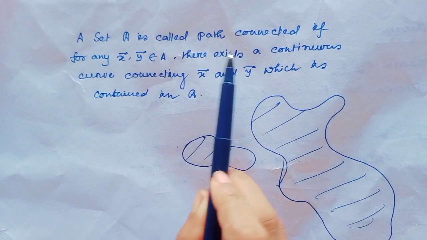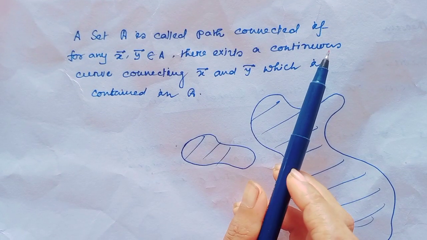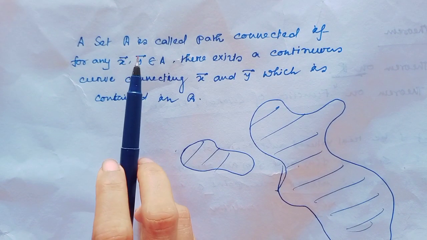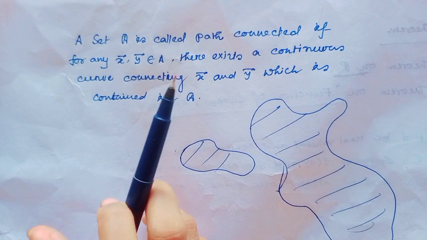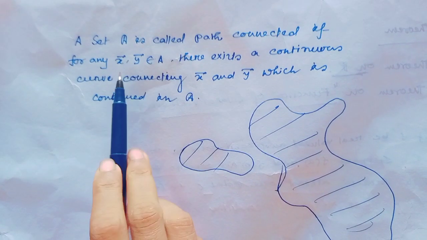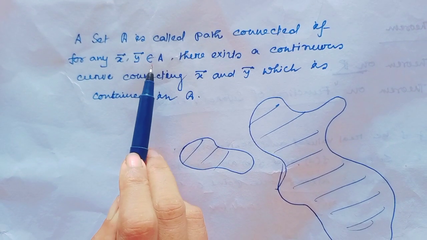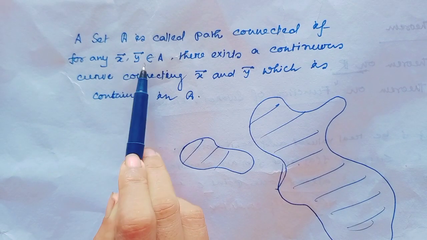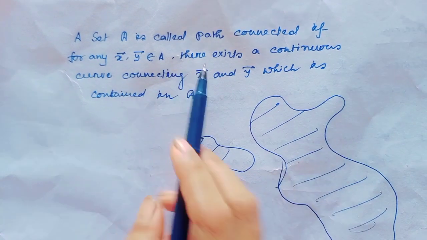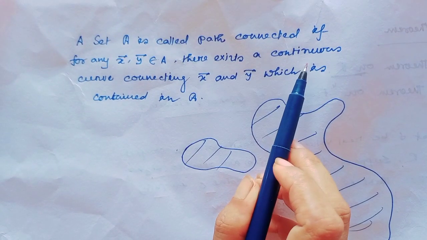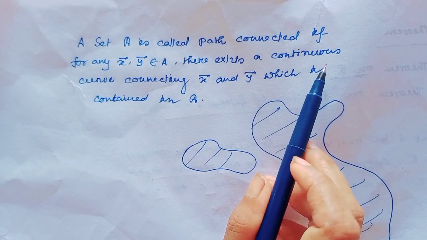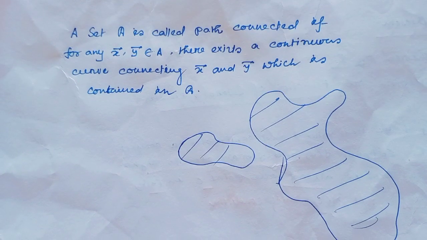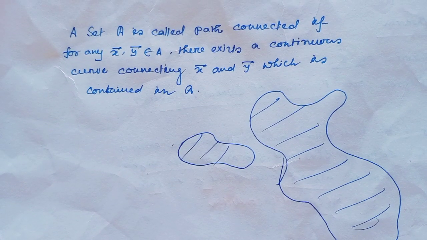A set A is path connected if for any 2 points, here I consider several variables, so any 2 vectors x and y in the set A, there always exists a continuous curve containing x and y which is contained in the set A.